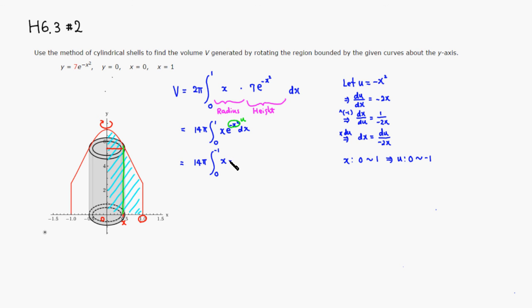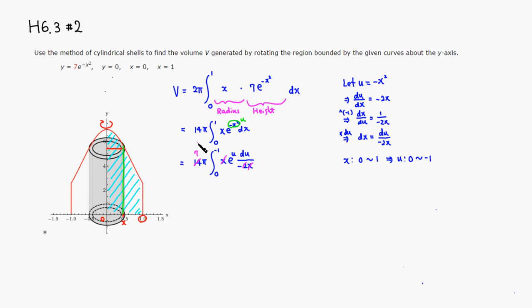Then we have e to the u, where we decided to call this u, and dx is equivalent to du over negative 2x. We can cancel x on top and bottom, and also cancel the 2 with the 14, which gives us 7.